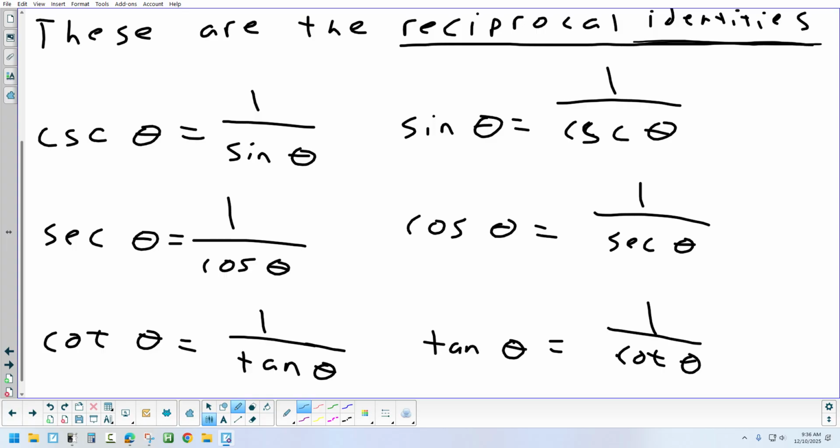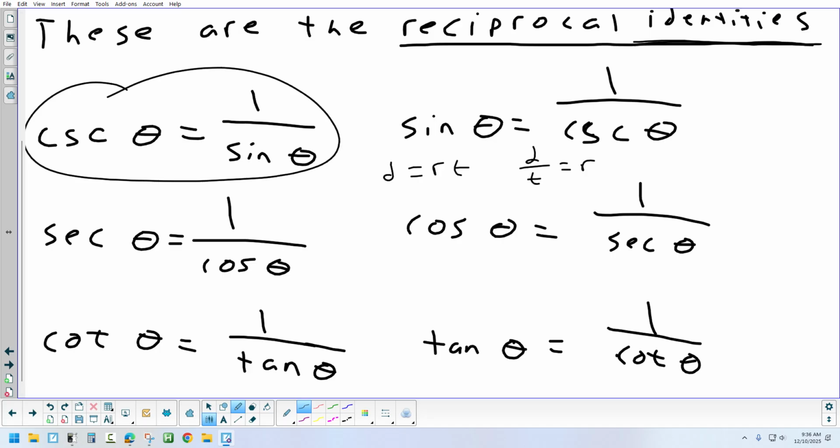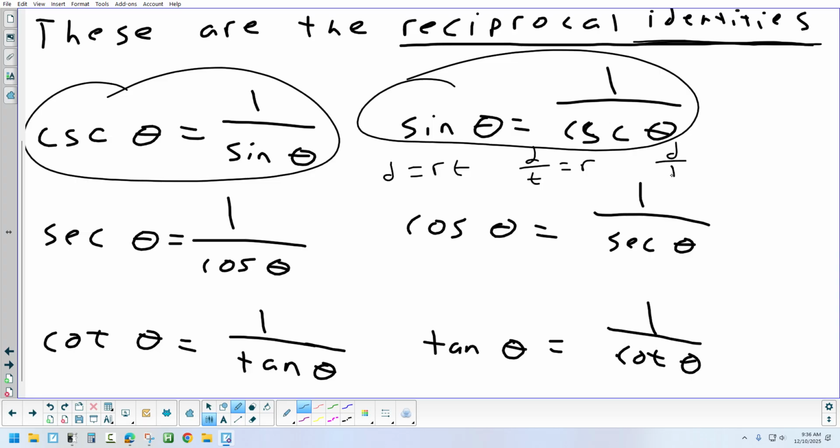It's kind of like if I wrote a formula like this, and then I wrote it like this. Well, that's the same formula. You just move something to a different spot. And that's exactly what's happening here and here. Those are exactly the same formula. I think even a better example would be distance divided by rate equals time.